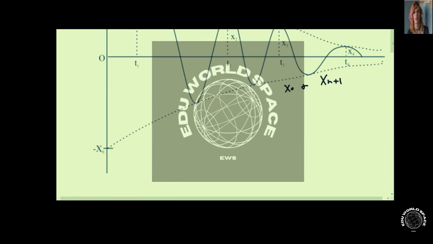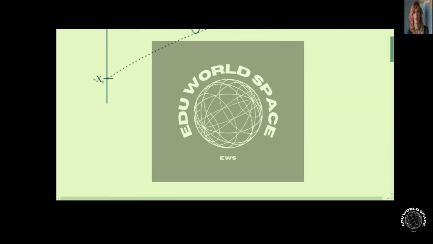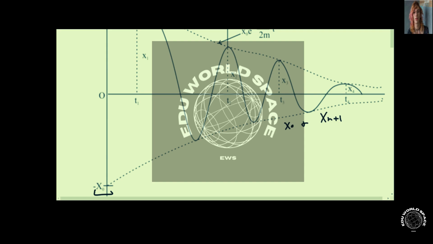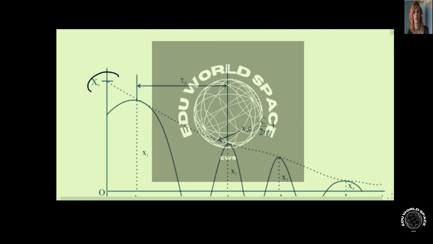So here we're trying to prove what they gave us, and we're also trying to find the xn and xn plus 1. From this, we have x naught here.